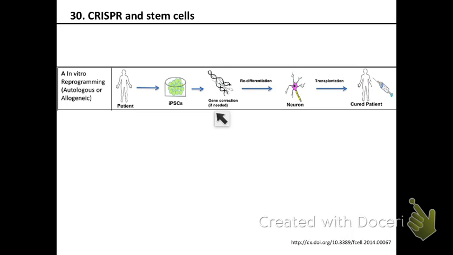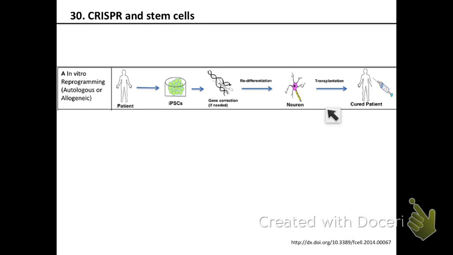And then if you understand the processes of differentiation well enough, so if you've done enough basic research to understand how to push these into one direction or the other, you can first correct their genome using genome editing and then push them into becoming the sort of cells that you want them to become, right?